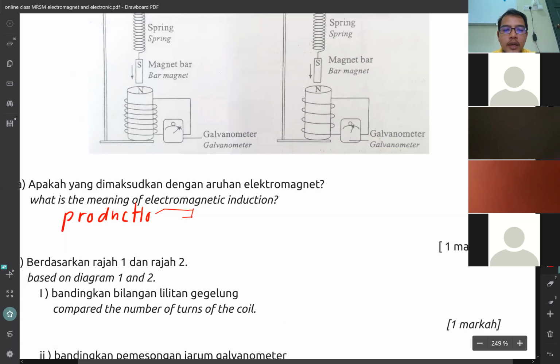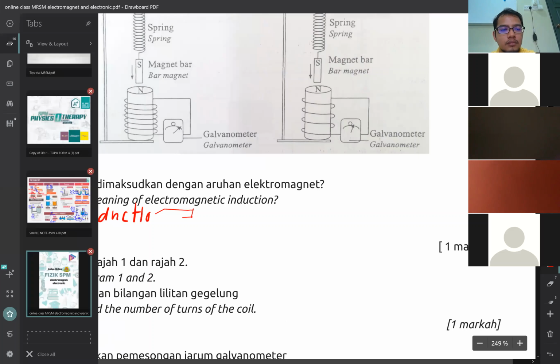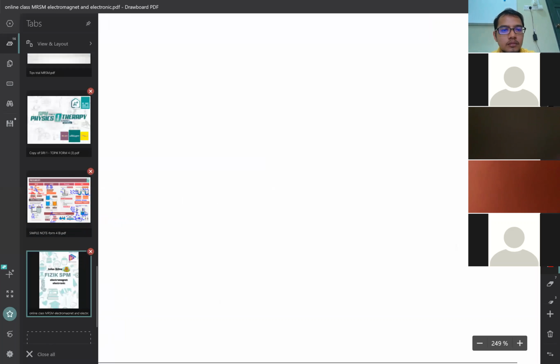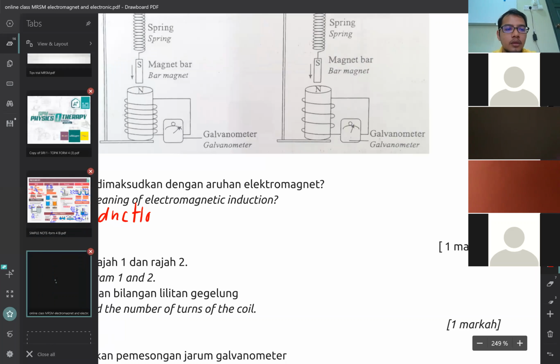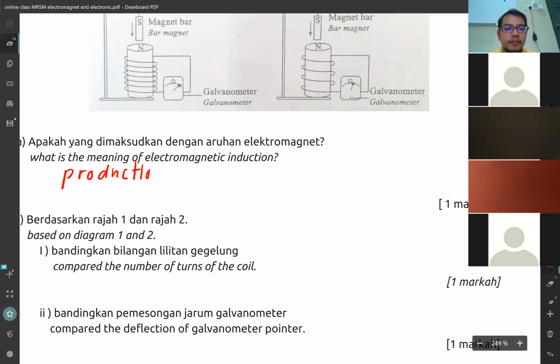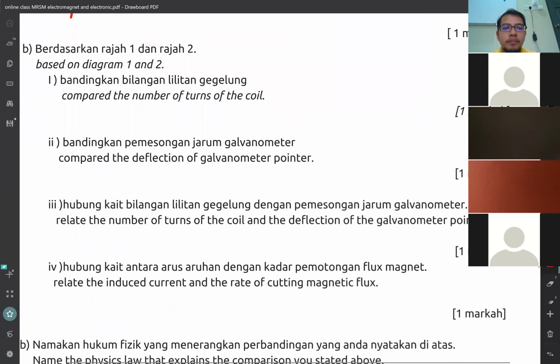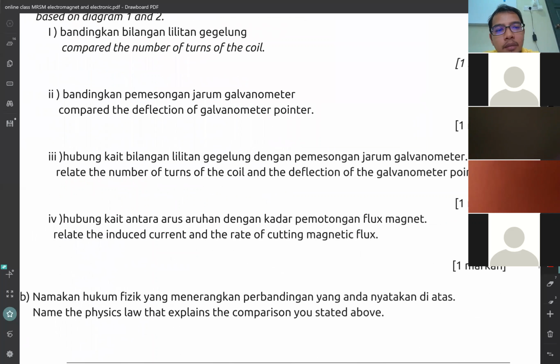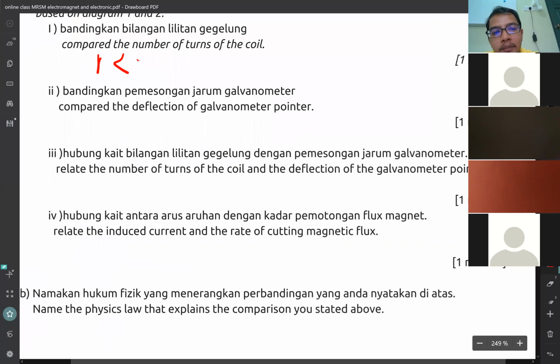So then if you see the question, based on the diagram, compare the number of turns. Number of turns for 1 is higher than 2.